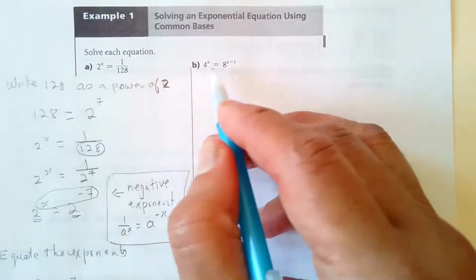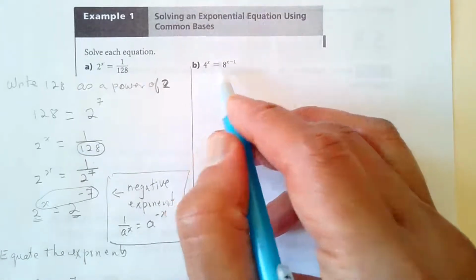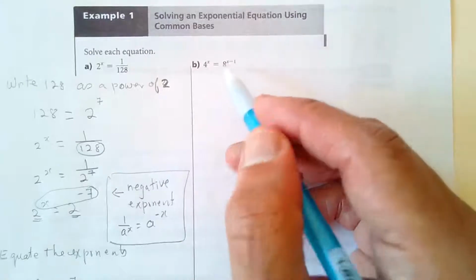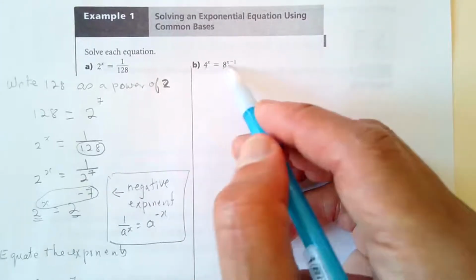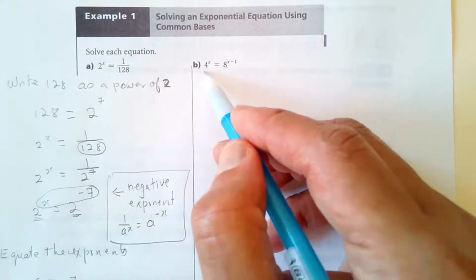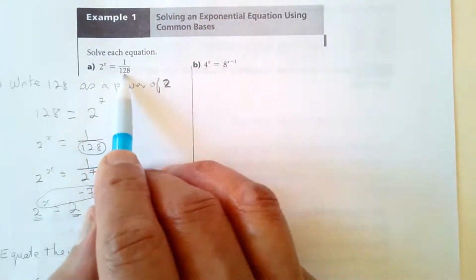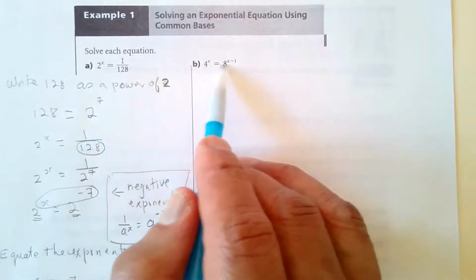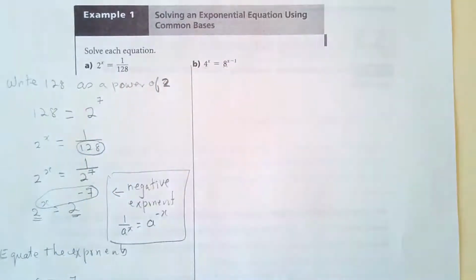Now notice we have base 4 and base 8. We cannot write 8 as a power of 4. In the previous case, we wrote 128 as a power of 2. Here I need to find a power that both could be changed into.